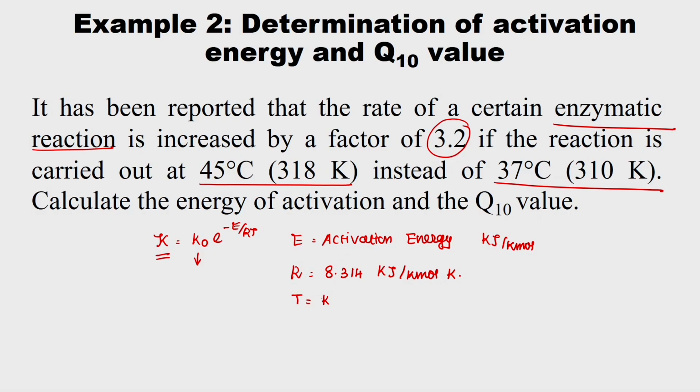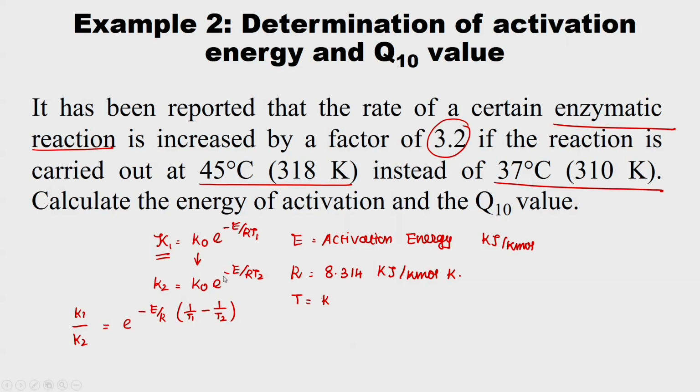Now I should be able to write K1 at T1. K2 is K naught e power minus E upon R T2. If I consider K1 upon K2, K naught gets cancelled, and we get e power minus E upon R times 1 upon T1 minus 1 upon T2.